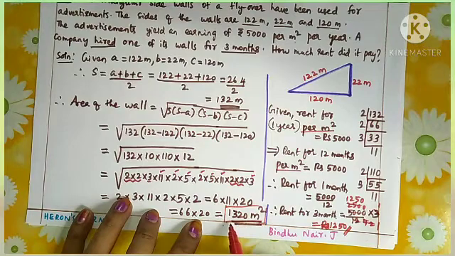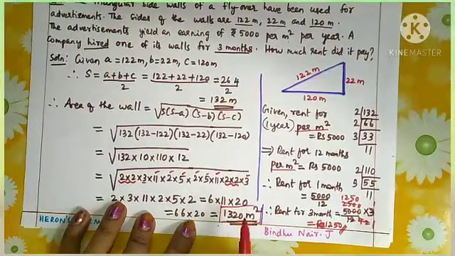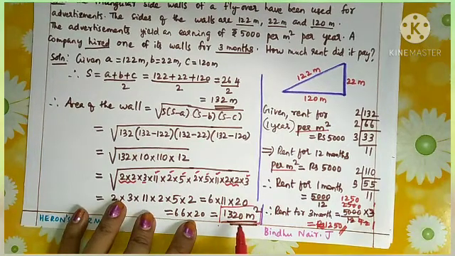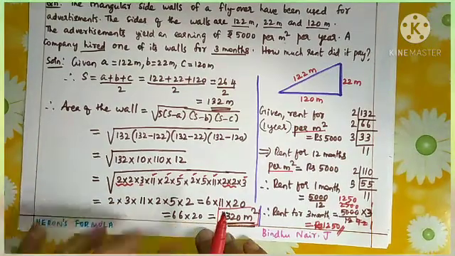But now you see the total area what we have found out here, 1320 meters square. This is the total area of the wall. So for this total area we want to find out the total cost. So what we want to do next step, for this much area we want to find the total cost by multiplying this by 1250. Okay, so that is the final step.